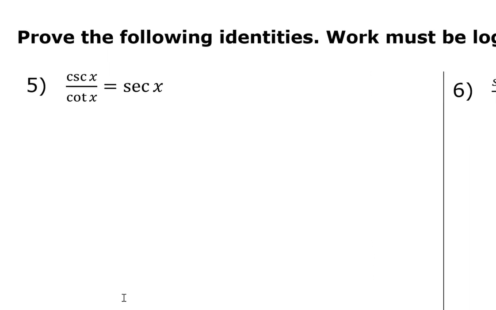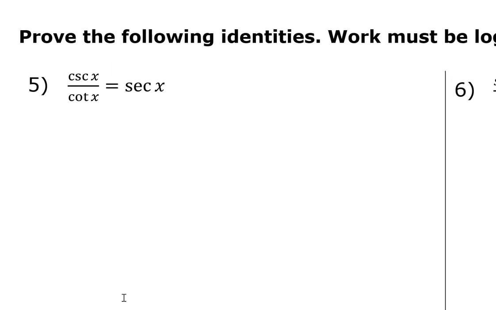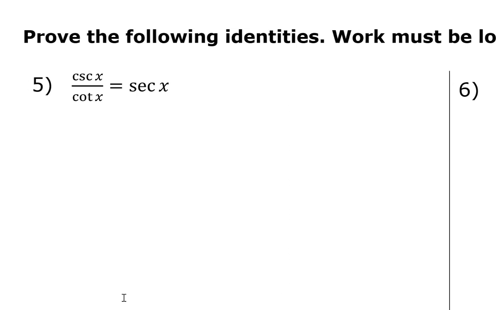Now we're changing gears slightly. Instead of just simplifying, we are proving that two expressions are equal to one another. So the important thing to remember is you can only work on one side of the equation or the other. You cannot change sides. So I always pick the more complex side, so I'm going to start on the left side now.